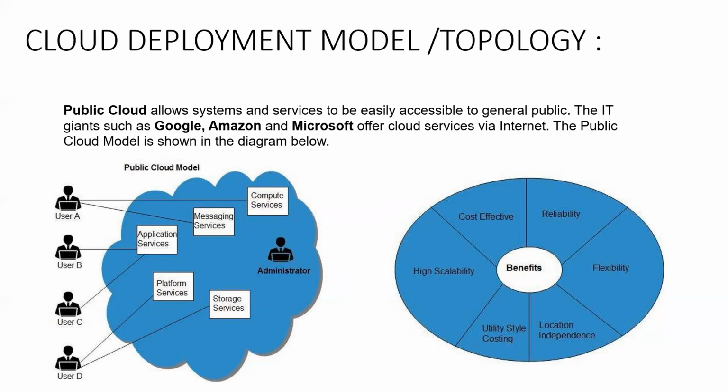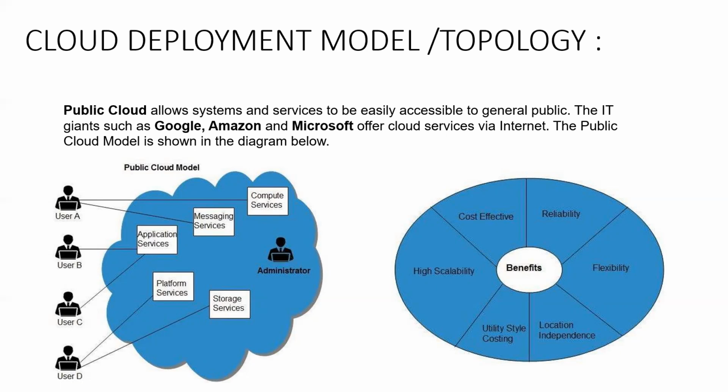There are three types of cloud deployment models. One is called public cloud, another is called private cloud, and the third is a combination of public and private, and hence it is called hybrid cloud. In public cloud, there is a third party who is a service provider.